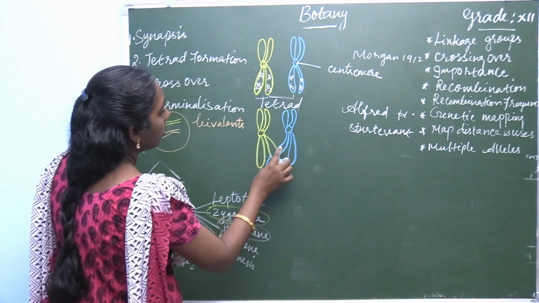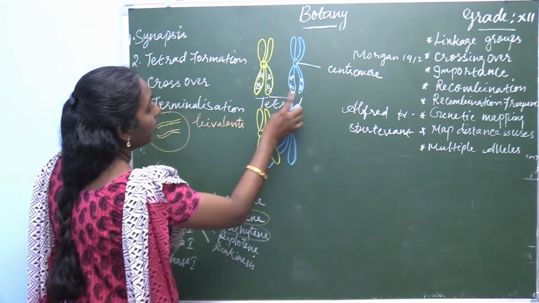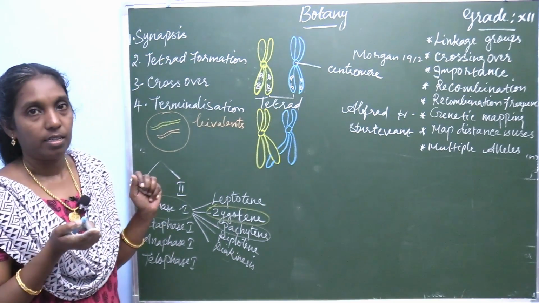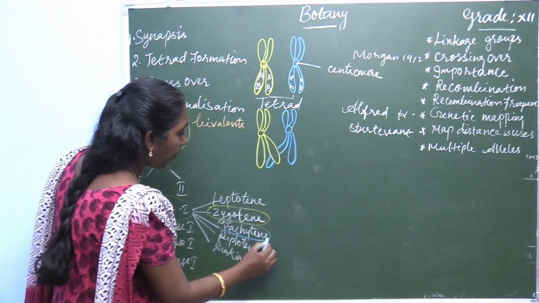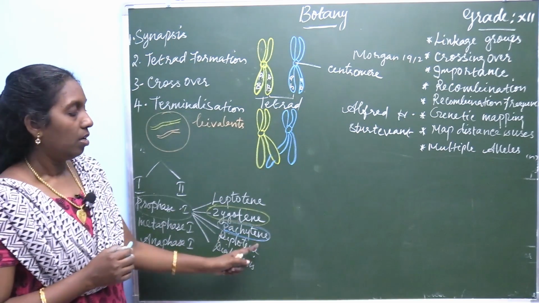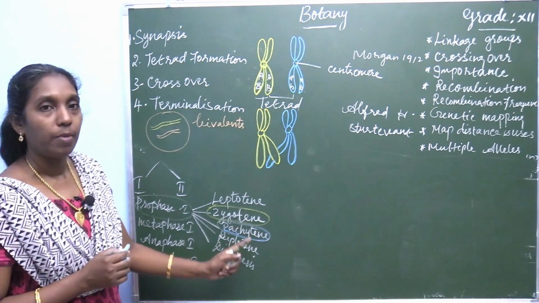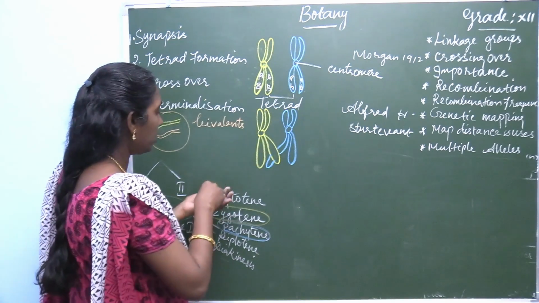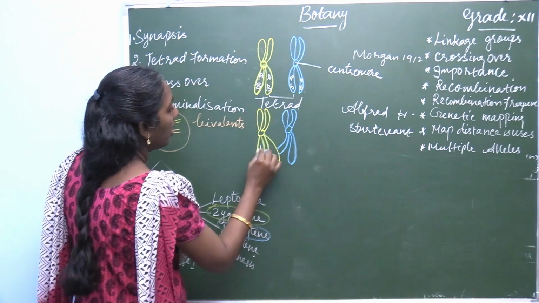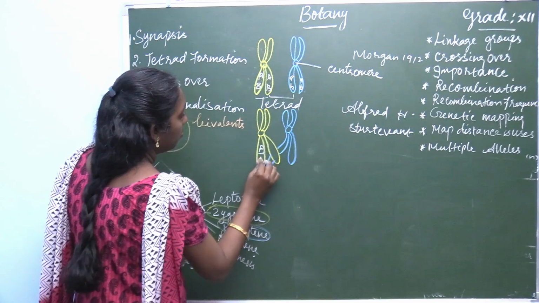This crossing over between non-sister chromatids takes place at the Pachytene stage of Prophase I of meiosis.